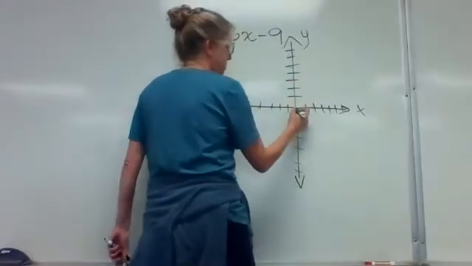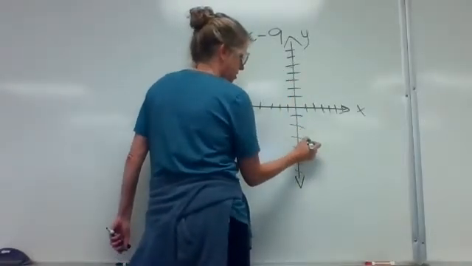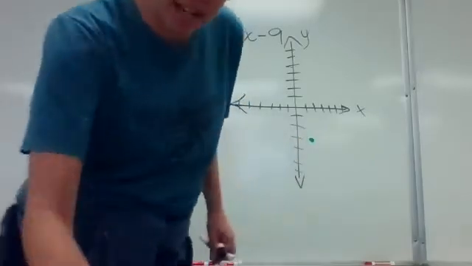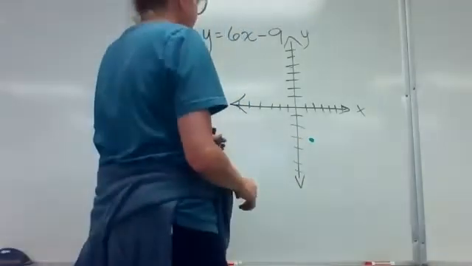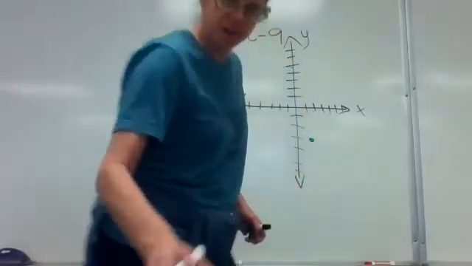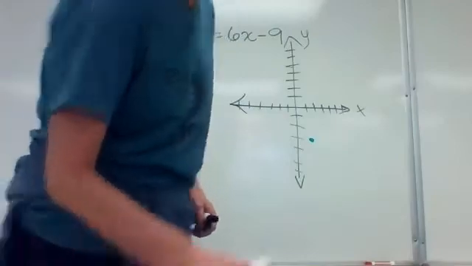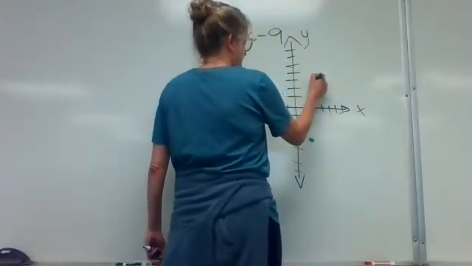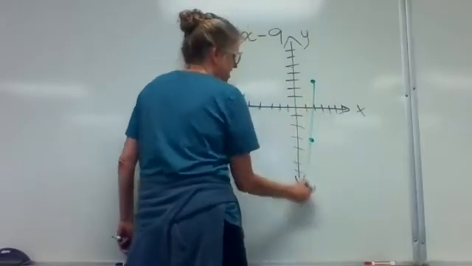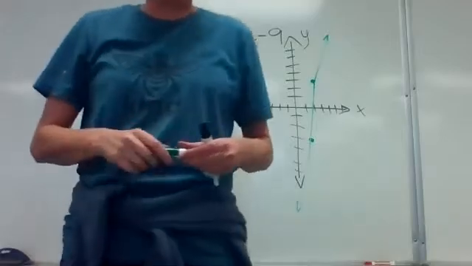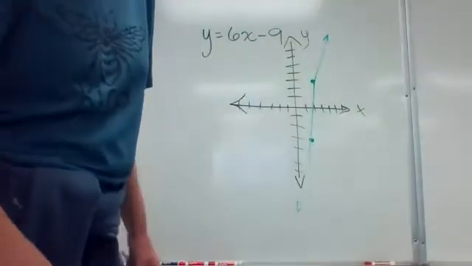So 1, -3 is to the right 1, down 3, and then 2, 3. So to the right, is that right? Yeah, 2, 3. So to the right 2 and up 3. Now remember, once you put that second point in MATLAB, it'll automatically connect your points to draw the line.